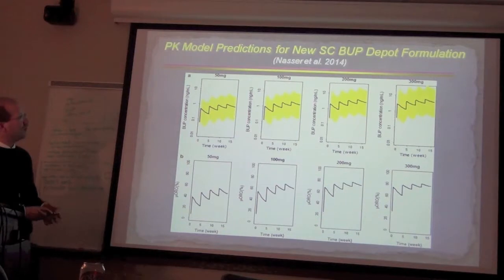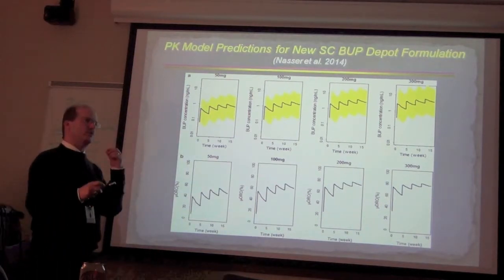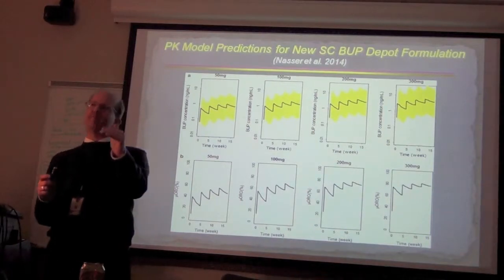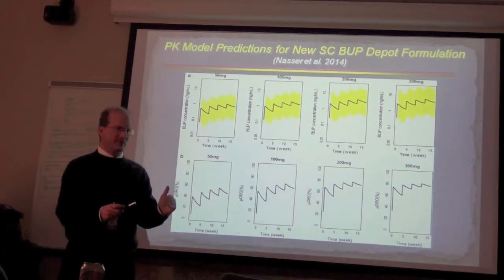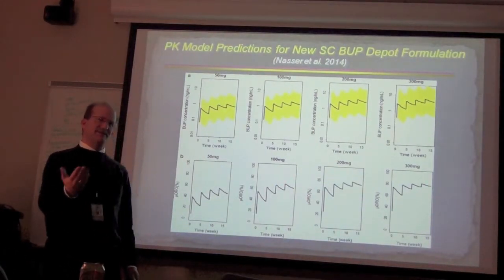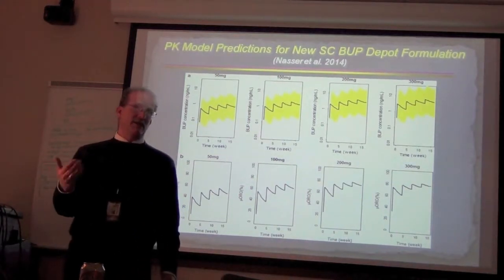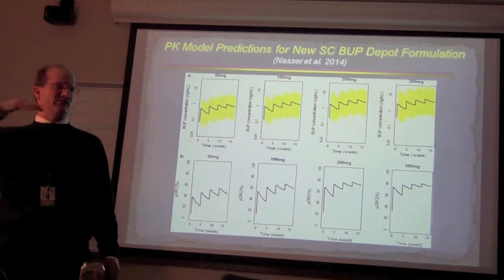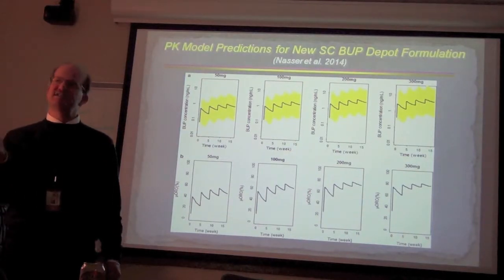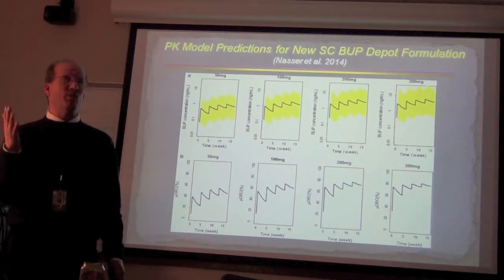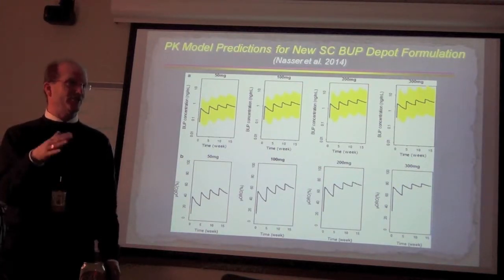So they were looking, we know that you don't want to let plasma concentrations drop below about 1 nanogram per milliliter, because then you start to see the emergence of withdrawal symptoms when somebody's maintained chronically. But you don't want to just suppress withdrawal when you're treating an opiate-dependent individual. You want to deter them from abusing drugs as well.